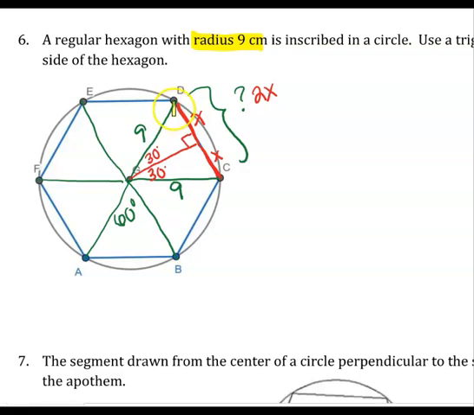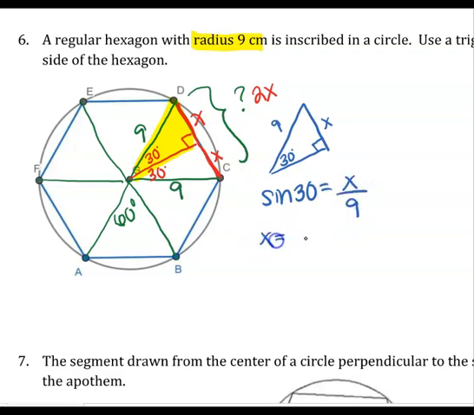Now again, if this is a little bit complex, pick one of the triangles. There it is. And just redraw it. So based on what's given, I have opposite and hypotenuse, which means we're going to use sine. Cross multiply.